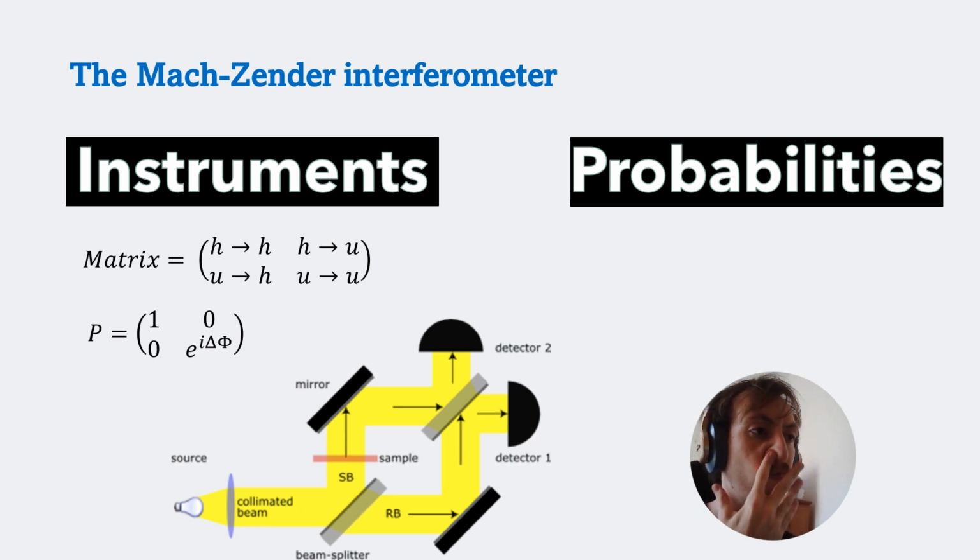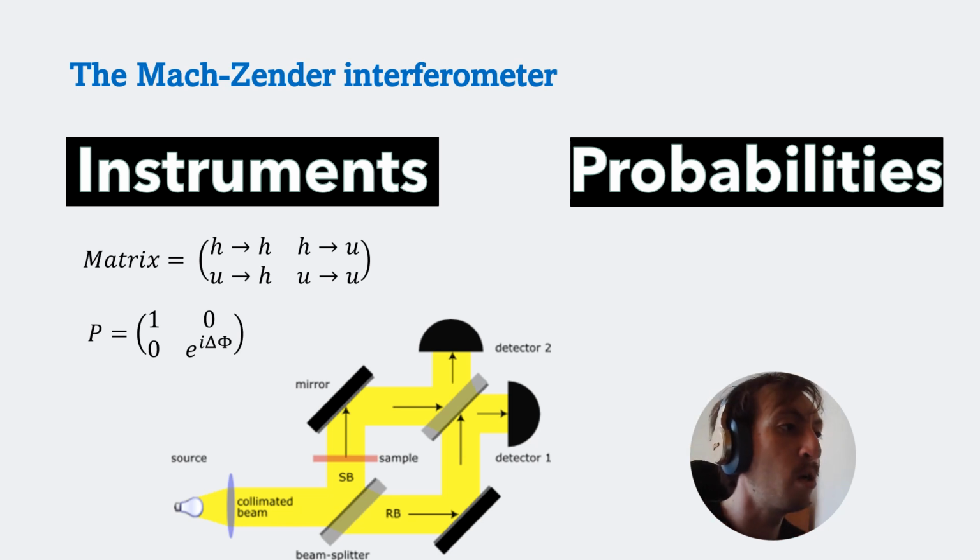For the case where the photon goes from horizontal to horizontal motion, it never really interacts with our sample, and it never introduces a phase shift, so the sample wouldn't change or impact that classical state at all. So we just have a number 1 because nothing is happening to our state vector.